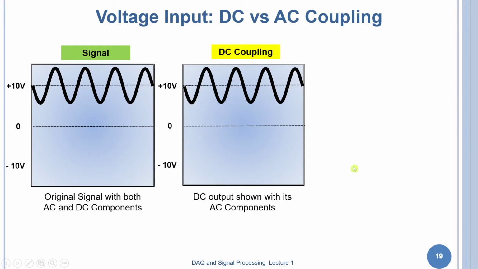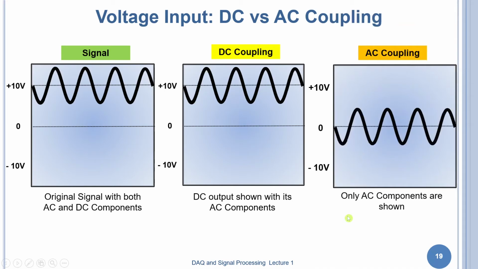If I use AC coupling, I am only going to get the fluctuation part of the signal. AC coupling will remove your DC offset. So you need to be careful which coupling you are using while you are measuring your signal.